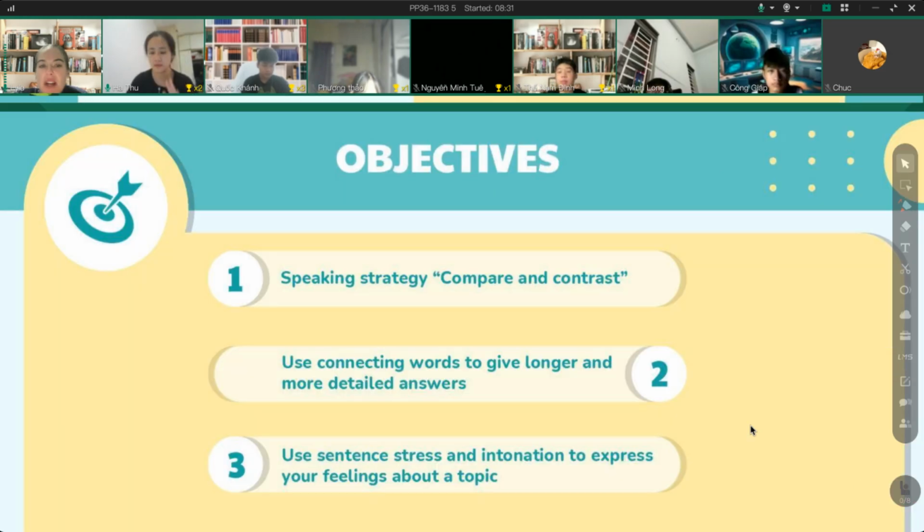Objectives: number 1, speaking strategy, compare and contrast. Number 2, use connecting words to give longer and more detailed answers. Number 3, use sentence stress and intonation to express your feelings about a topic.